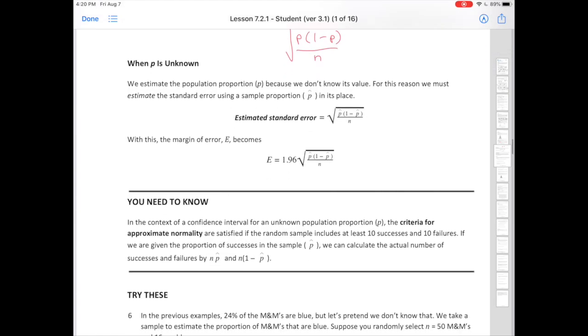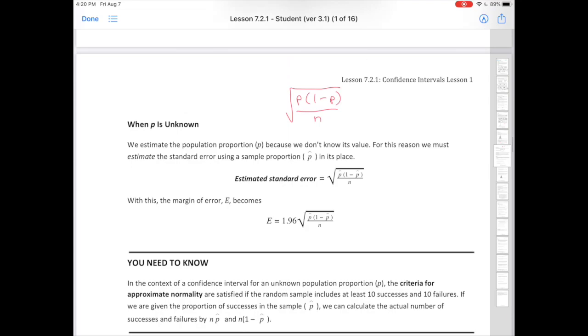So this is why this next part is important. It says when p is unknown, we estimate the population proportion p because we don't know its value. For this reason, we must estimate the standard error using a sample proportion p hat in its place. So in other words, we cannot use this, so I'm going to cross it out.